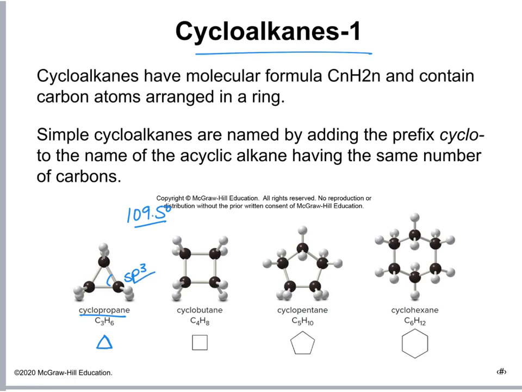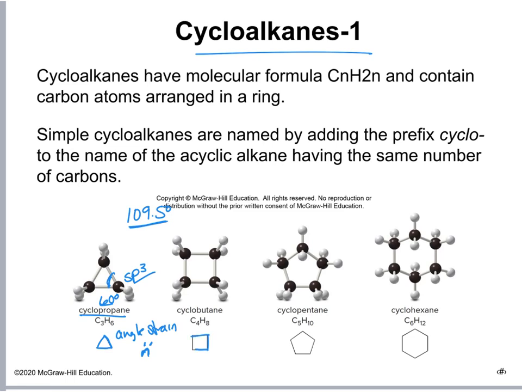That's a bond angle for an sp3 carbon. However, what is the bond angle here? Do your geometry, folks. Yeah, it's 60 degrees, isn't it? Do you see the deviation between 60 and 109? So this has a lot of angle strain. That's hard. Try to make that in your model and you'll see.